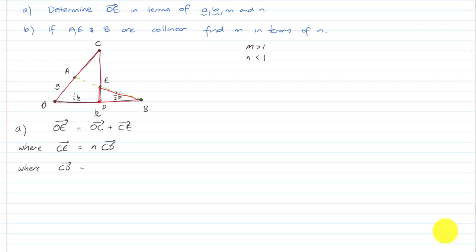Moving forward again, I know stuff about CD. CD is equal to CO plus OD. So I'm going to use that information because I know CO and OD.